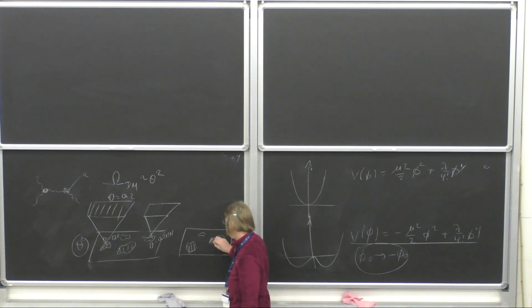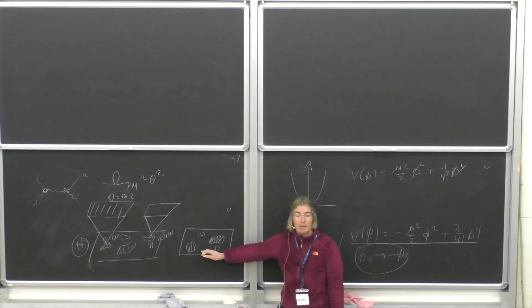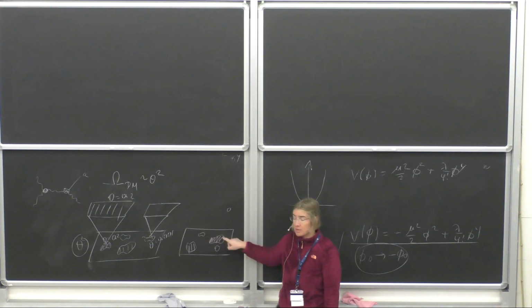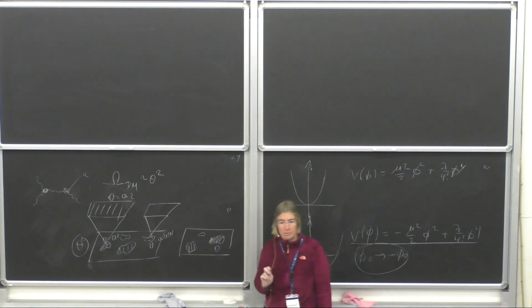Present day, of course, it's different. So now this is our version. And what does it do? Well, that actually has different values of the field. So it forms domains, and it forms strings. And then both of those things eventually decay. So dark matter production has to account for all of this.